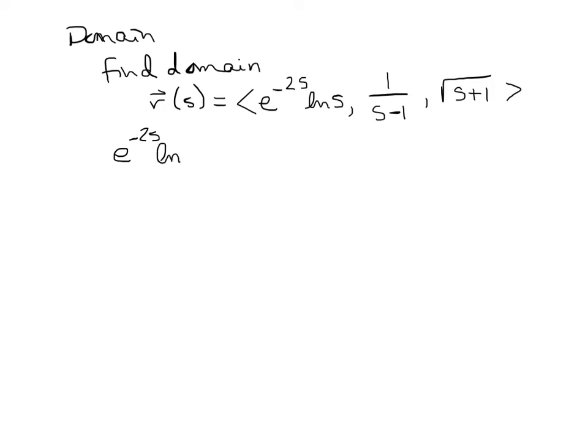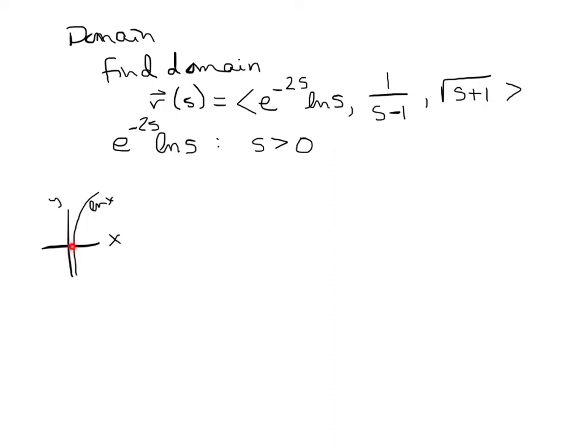Now natural log, recall that natural log looks like that. And remember that the x values, the domain values, are those s's. And so the only s's that we could plug in would be ones that are greater than 0.